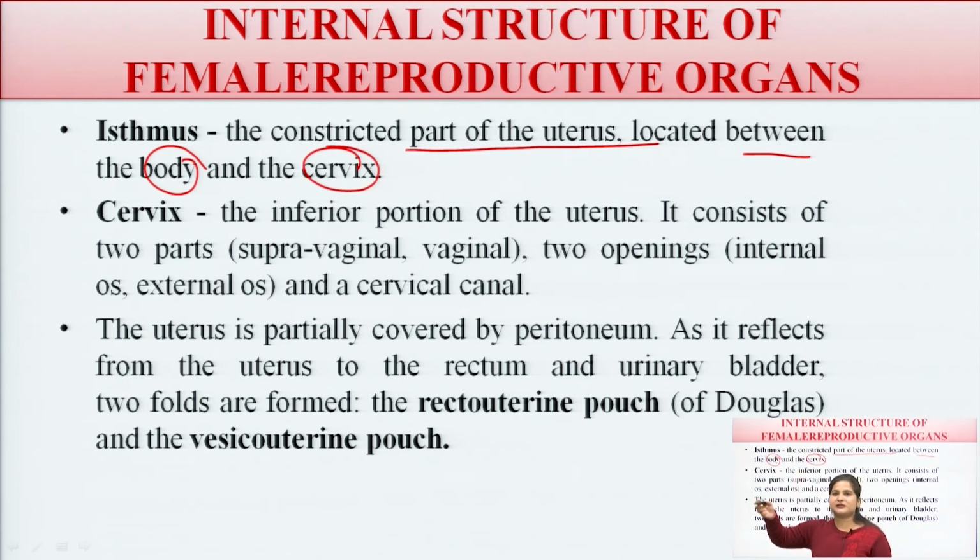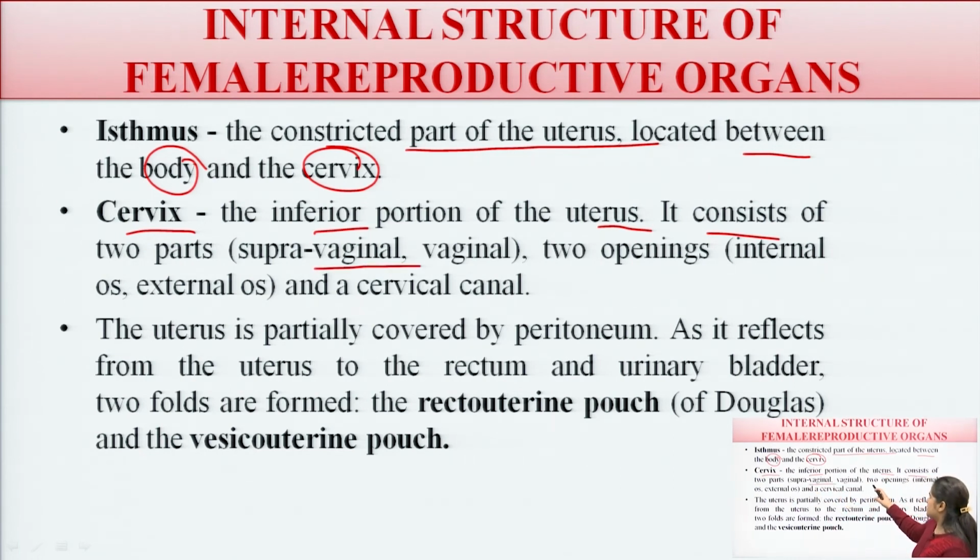And the last one is the cervix, the inferior portion of the uterus. It consists of 2 parts, supravaginal and vaginal, and 2 openings, the internal os and external os, with a cervical canal.